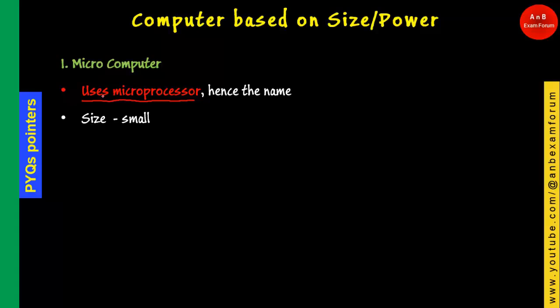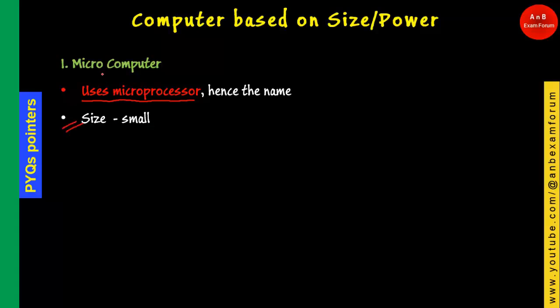It doesn't mean that mainframe and the other supercomputers are not using microprocessor. But the name comes from the word microprocessor because it has miniaturized the entire computer into a very reduced space. Since the size is small, it is known as microcomputer.